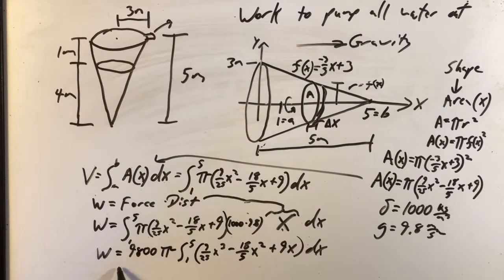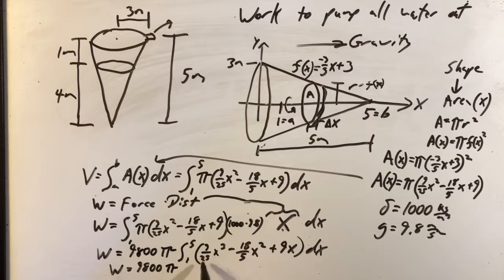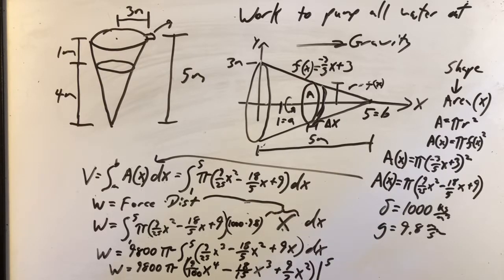I'm just going to squeeze in at the bottom, do a quick integration on that, and then I'll leave it at that. So 9800 pi. So quick integration, this is 9, I have to put a parenthesis here, I hate to do that, over 100 x to the fourth minus 18 over 15 x cubed plus 9 divided by 2 x squared, and that is from 5 to 1.